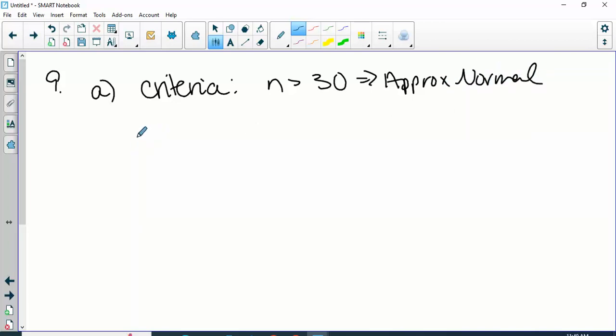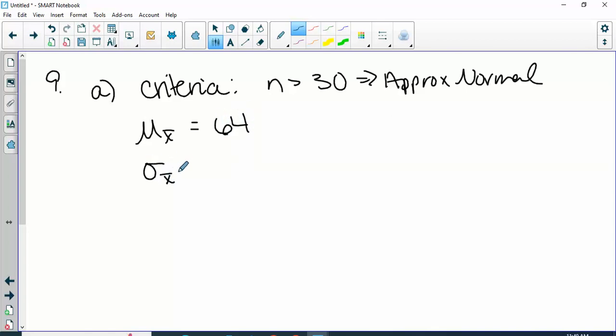Then we need our mean and standard deviation. From the formula sheet, mean for X bar is the same as our sample mean, which is 64.